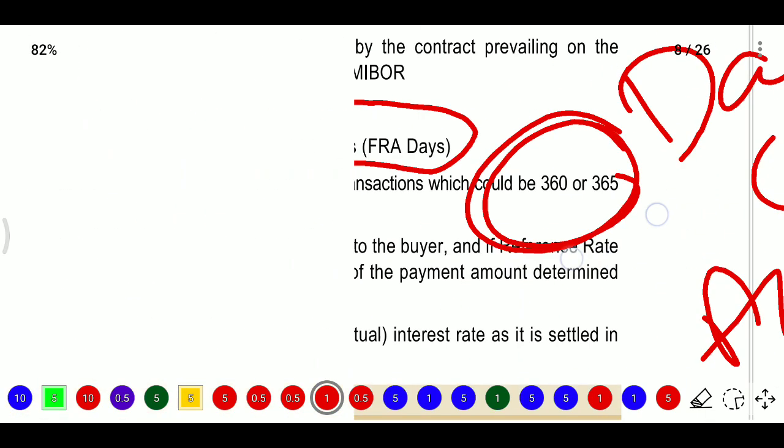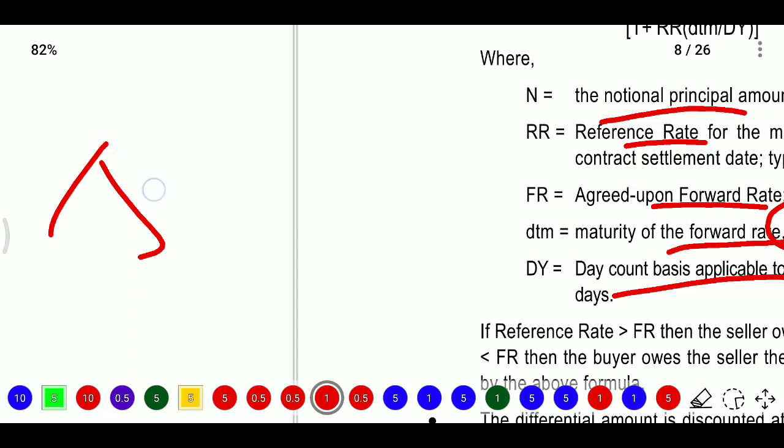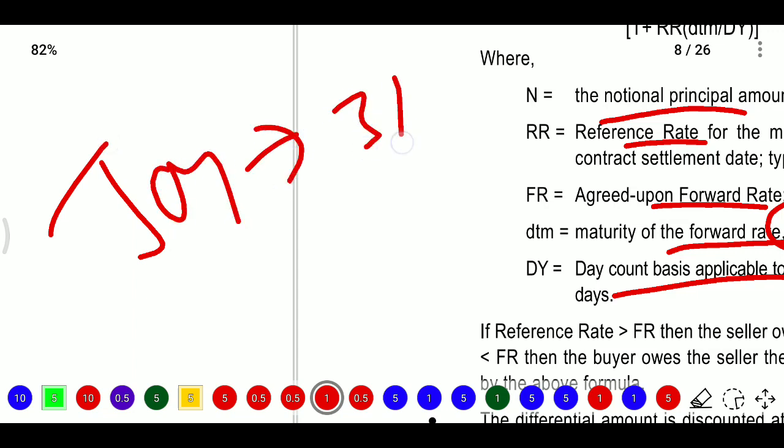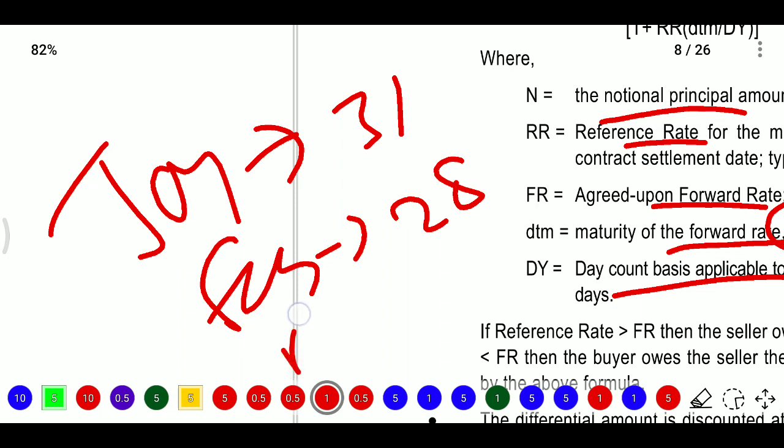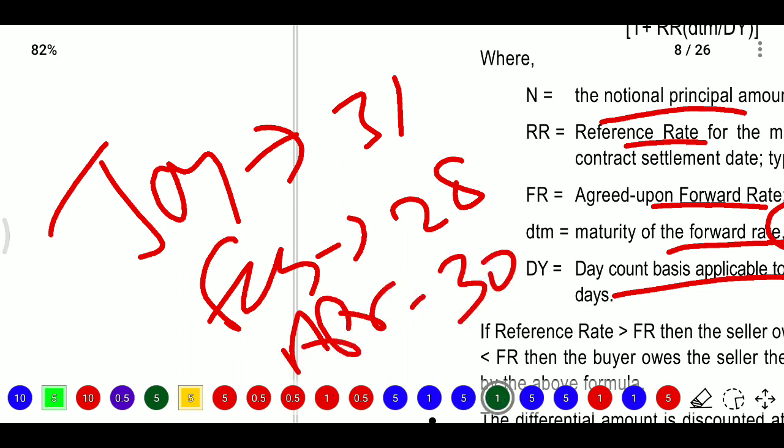If you go for the month of January, it will have 31 days, February will have 28 days, and for example April will have 30 days. So normally we would take 31 divided by 365 or 360, 28 divided by 365 or 360, or 30 divided by 365 or 360.